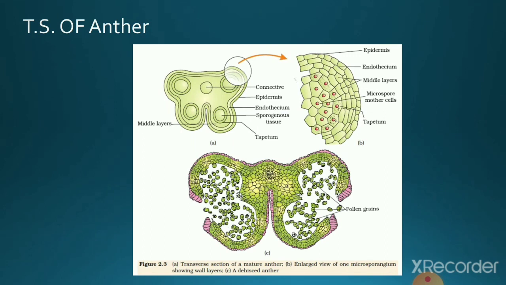So a typical angiospermic anther consists of two lobes. This condition is the bilobed condition, and each lobe consists of two chambers. So it means an anther contains four chambers. It is called the tetrathecous condition. A typical angiospermic anther is bilobed and tetrathecous.